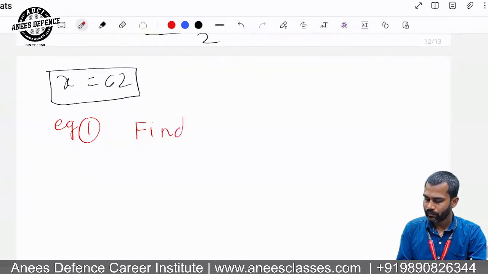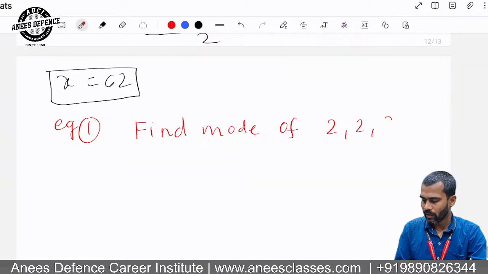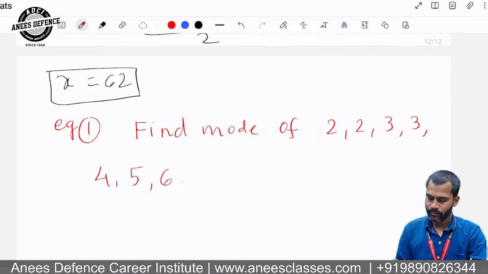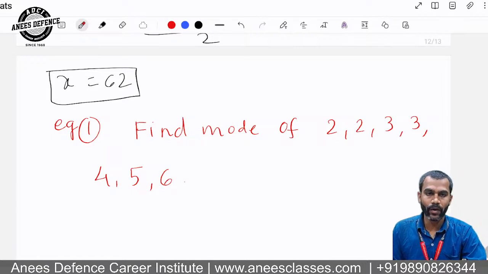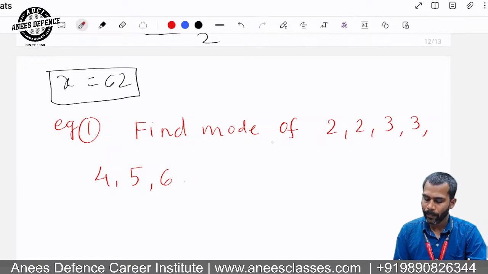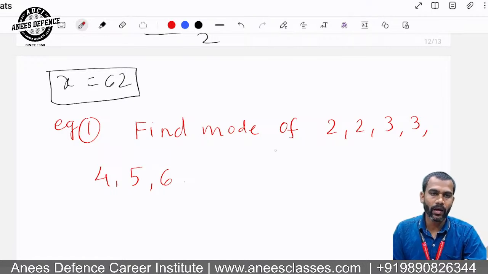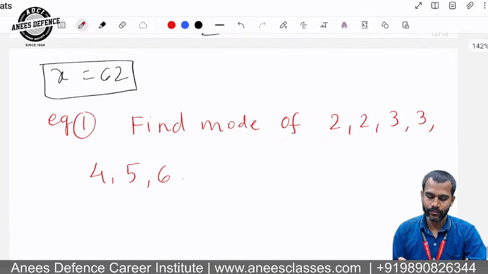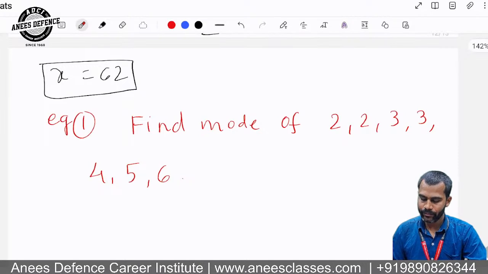Find mode for the following data: 2, 2, 3, 3, 4, 5, 6. Please try to find out mode of this particular data. How many observations are there? 7 observations are there, and you need to find out mode. Please try, everyone.